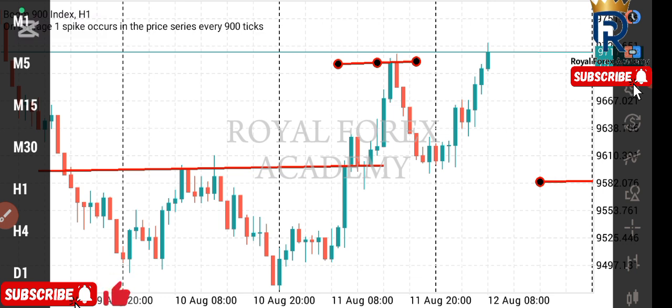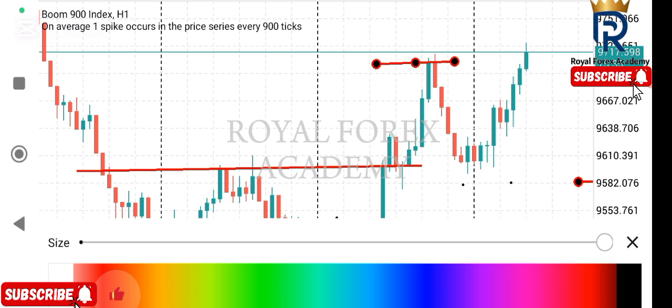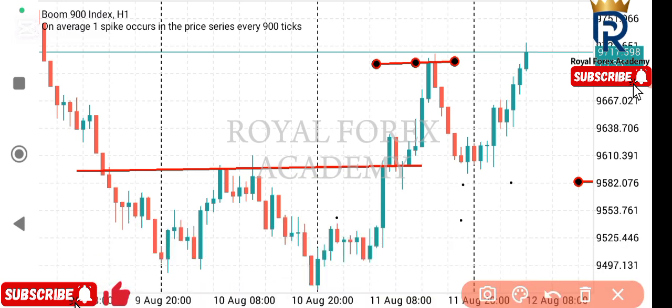In an uptrend, because presently we are in an uptrend, the last bearish candle, which is this bearish candle you are seeing, is what we refer to as the order block.